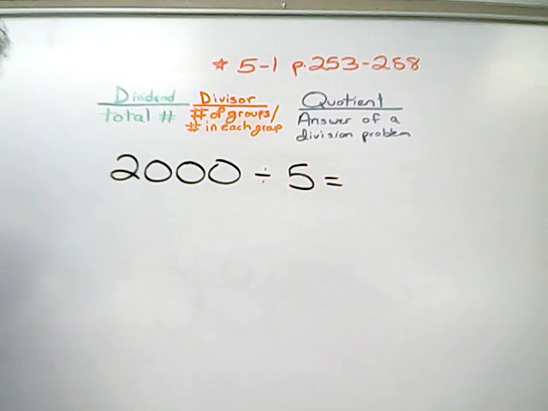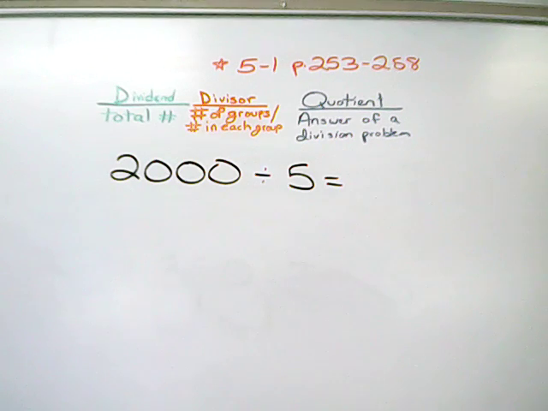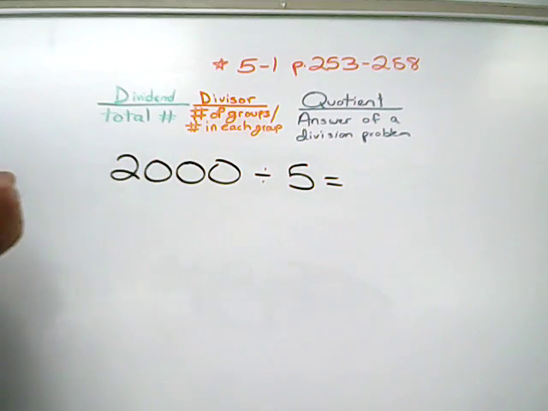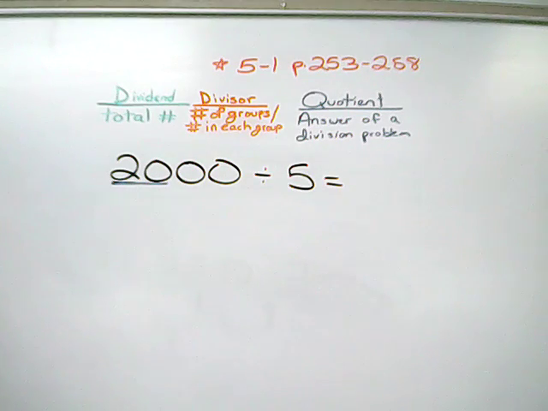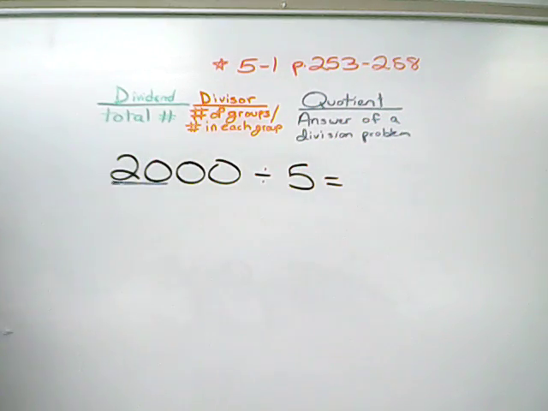Now, there is no basic fact for 2 divided by 5. It's impossible to do. In this case, you have to buddy up your 2 with one of the zeros next door. Now I can solve the problem. My basic fact here is 20 divided by 5 equals what our quotient will be.